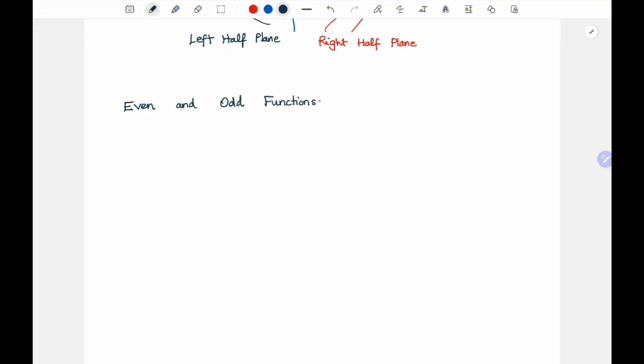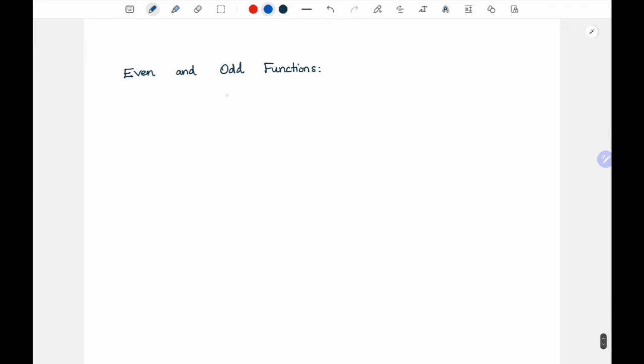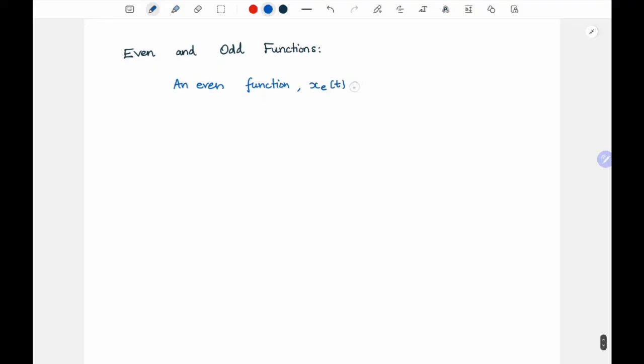We define an even function, xe of t, this way. It is symmetrical about the vertical axis.